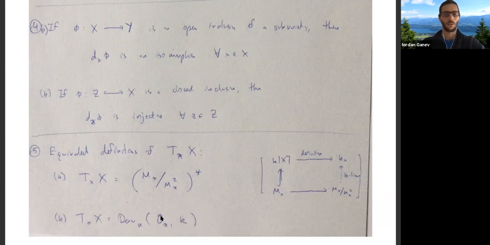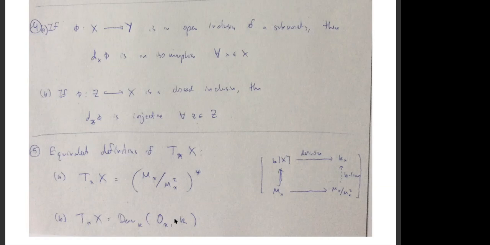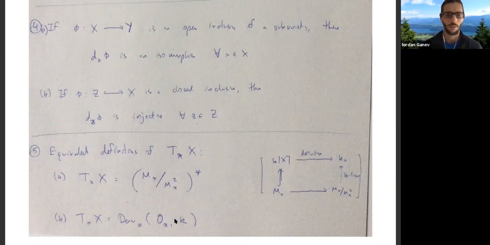And if we think about all derivations from this local ring to this quotient thought of as a module, then that's another definition for the tangent space. The stalk. So sorry, the stalk.